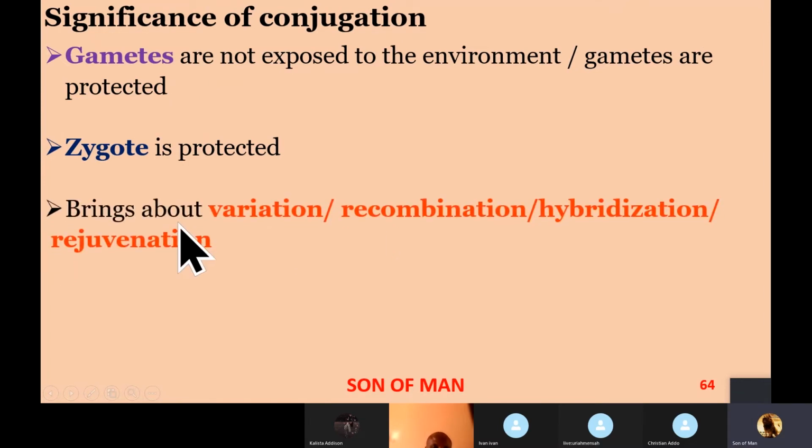Then it brings about variation. Now, in biology, variation simply means differences among organisms of the same species. And you can remember when we took care of the paramecium, I said if we got a paramecium cell always undergoing binary fission, it means the chromosomes in paramecium A has now doubled up, resulting in two daughter paramecia cells.